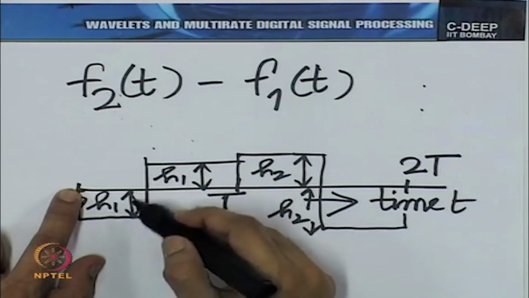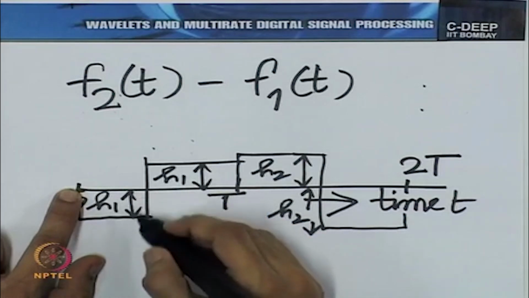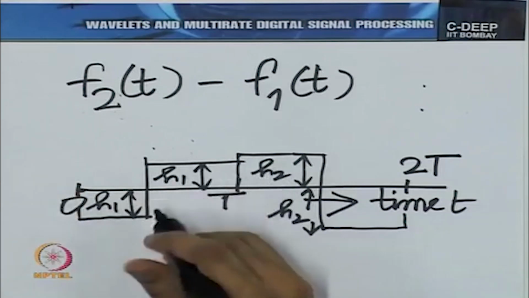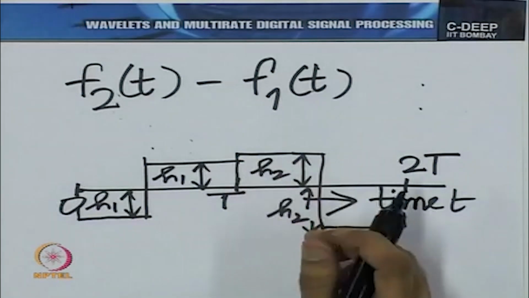Of course, h1 is an algebraic constant, it should be given a sign. Here, for example, h1 should be given a negative value, because we have started psi(t) with a positive, minus 1 here. Similarly, h2 has a positive value here.